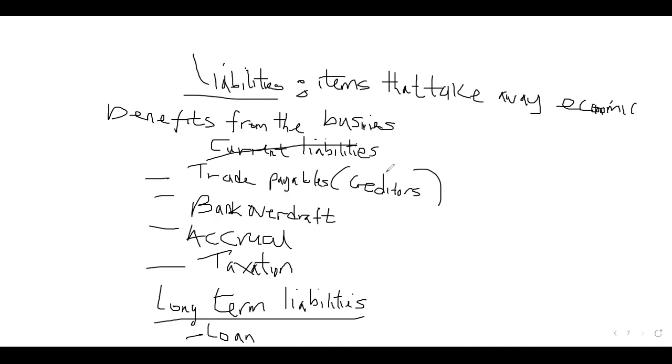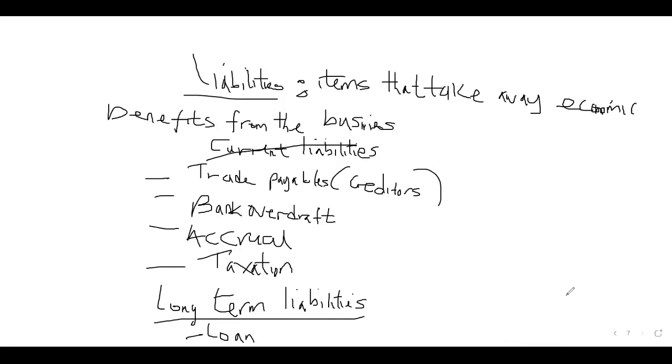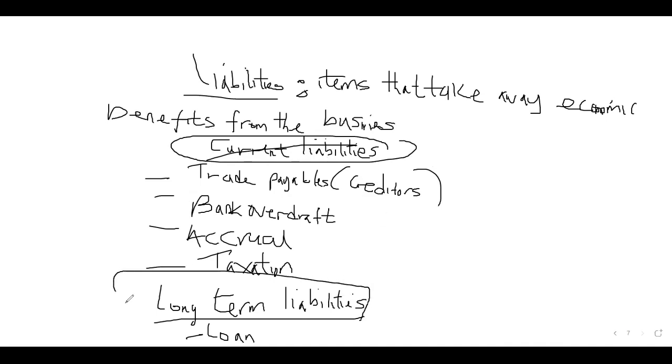Now getting down to the question, I will talk about assets, which are current assets and fixed assets, then liabilities, which are current liabilities and long-term liabilities. These are the two liabilities that we have.